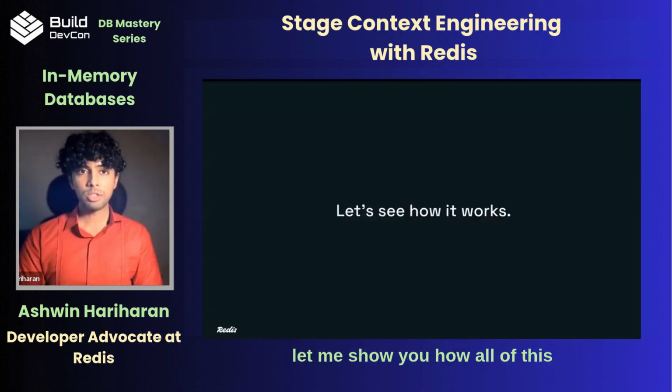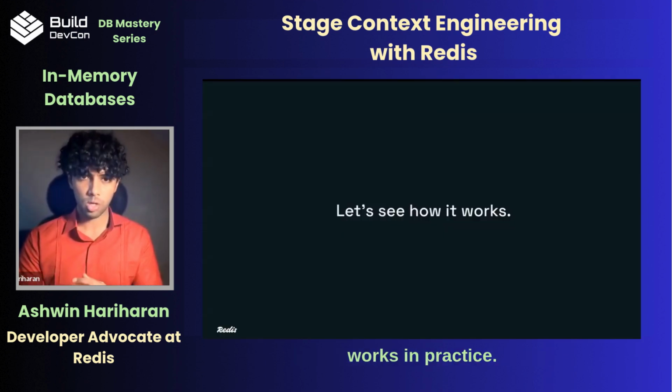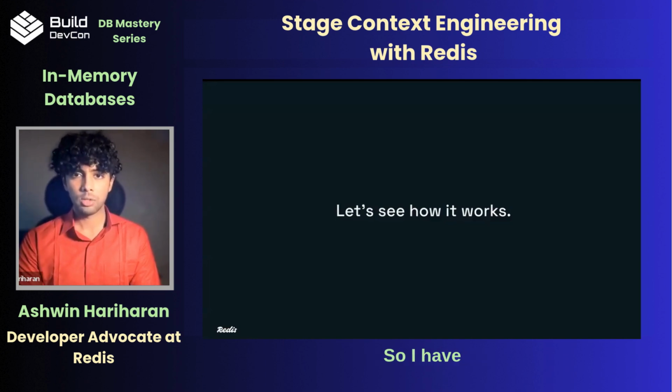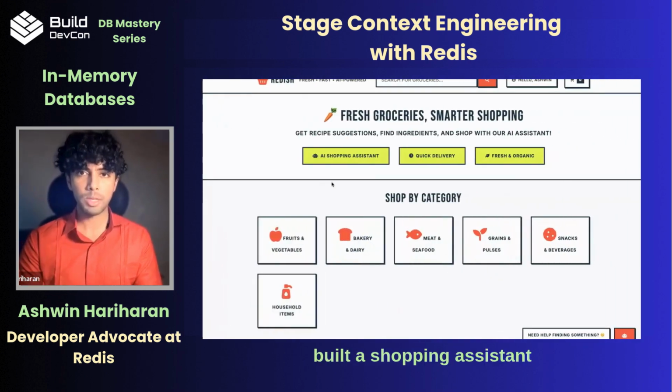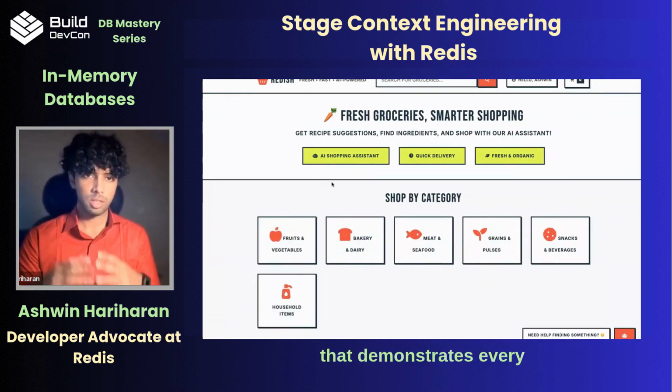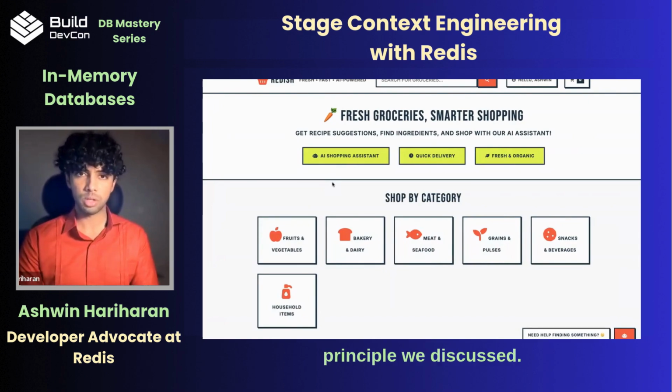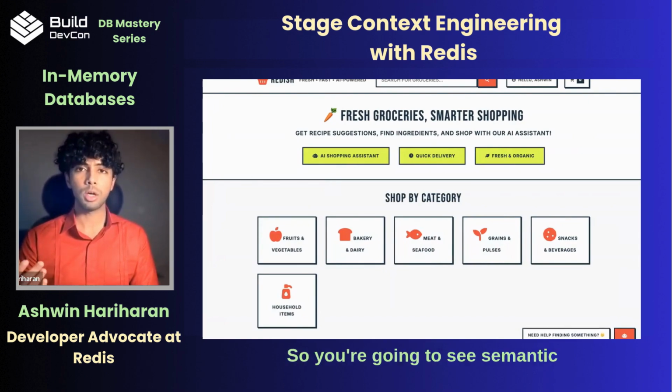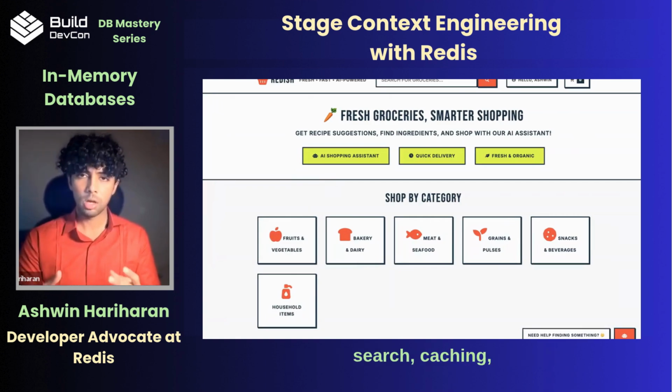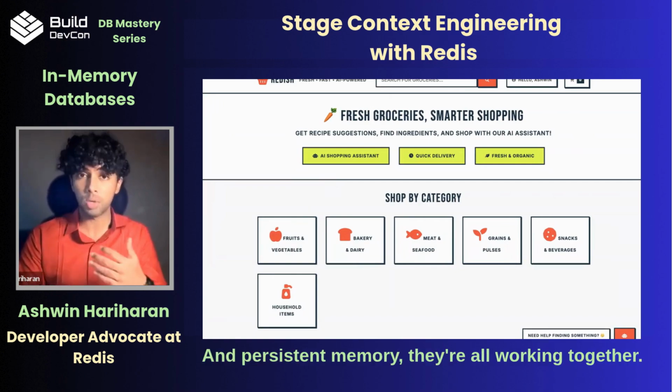Now, let me show you how all of this works in practice. I have built a shopping assistant that demonstrates every principle we discussed. So you're going to see semantic search, caching, agent orchestration, and persistent memory, all working together, okay?